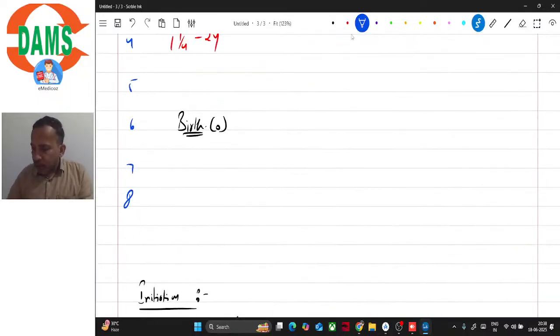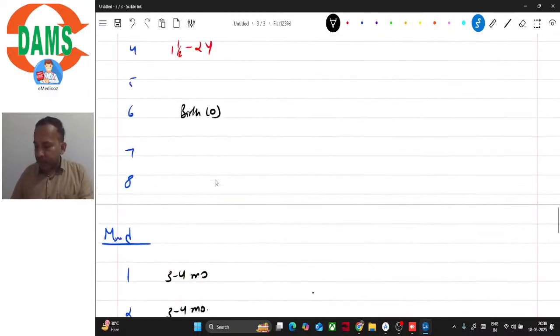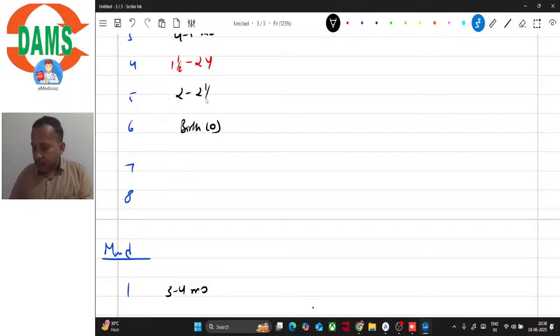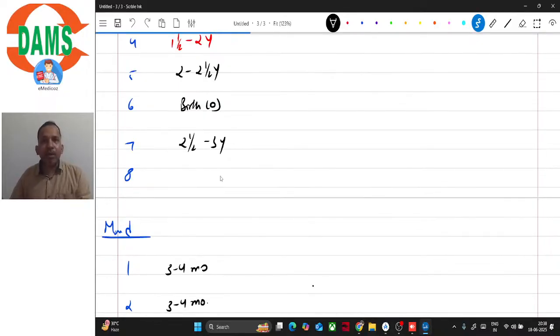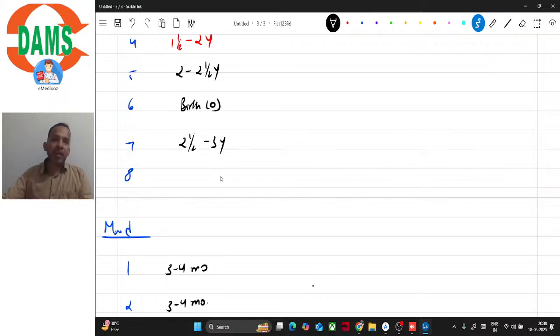So both for maxillary and mandibular, 2 to 2.5 years for the premolar and 2.5 to 3 years for the molar. Right? So in the third year, two teeth will initiate, the second premolar and the second molar. And as a general rule, mandibular teeth will initiate ahead of their maxillary counterparts.